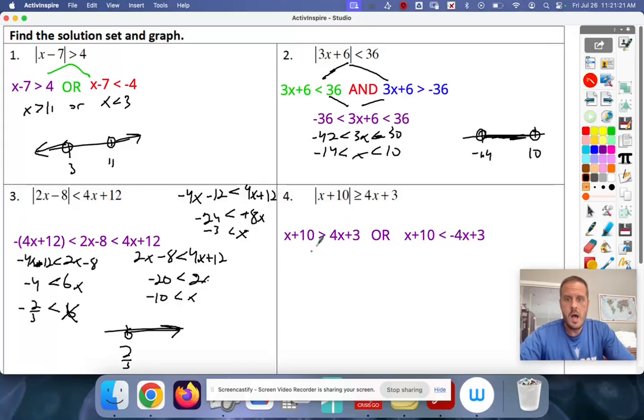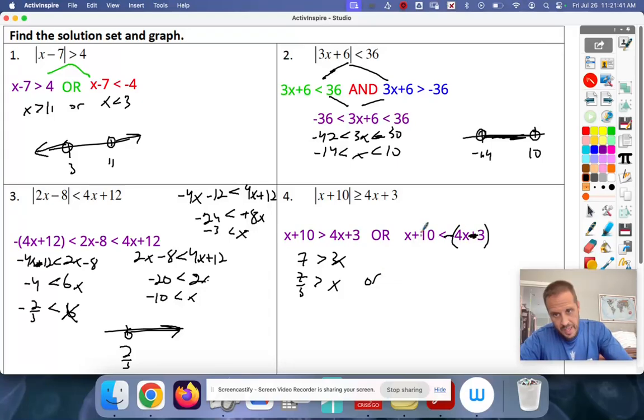Okay. Over here, we get the two equations. They're an or. So either this is less than that or it's less than the opposite of that, which, if I put parentheses, I would remember to distribute that negative. So here, if I subtract x, we have 3x, and subtract 3, less than 7. We get x is less than 7/3.